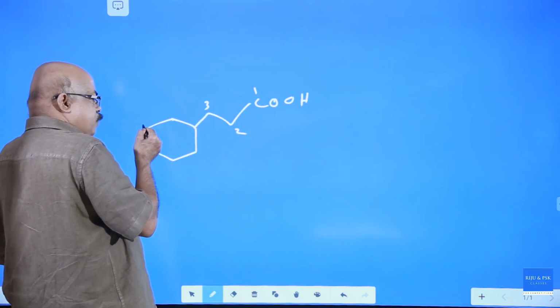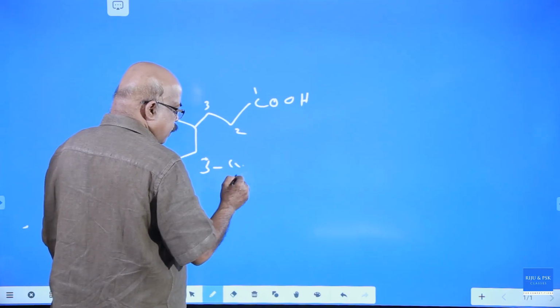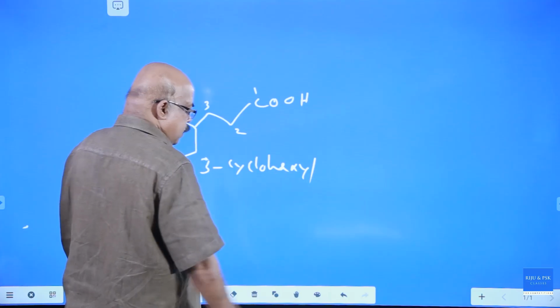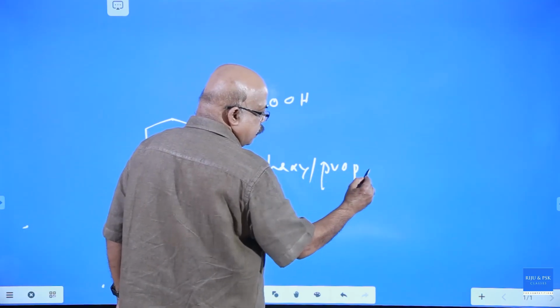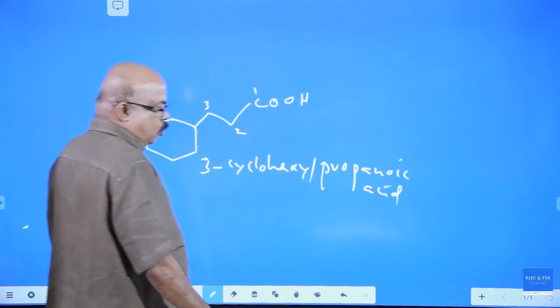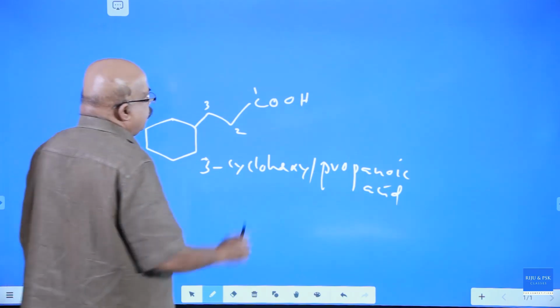The third carbon has a substituent, cyclohexyl. It is 3-cyclohexyl propanoic acid. All right, 3-cyclohexyl propanoic acid.